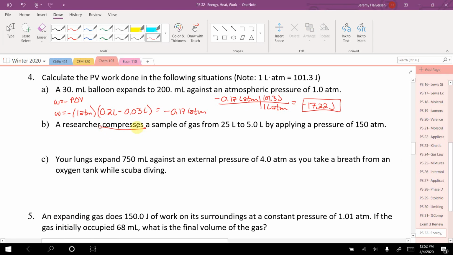A researcher compresses a gas from 25 to 5 liters by applying a pressure of 150 atmospheres. Compresses means we should expect it to be positive. Work equals negative pressure times change in volume, final minus initial.